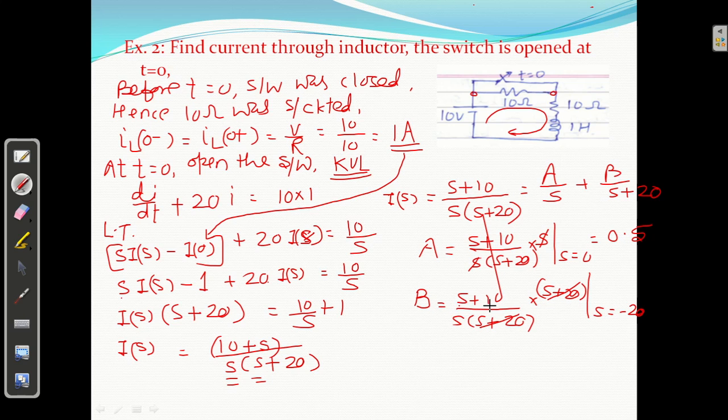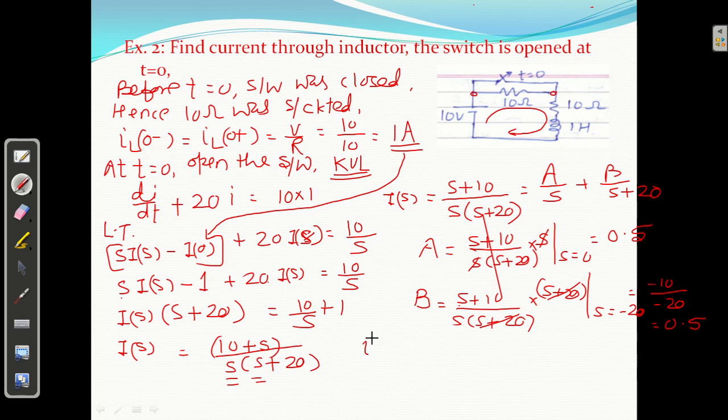So minus 20 plus 10, minus 10 upon, what is the value of S? Minus 20. So minus 20. So you will get again 0.5. Okay, so I am getting A equal to 0.5, B equal to 0.5.